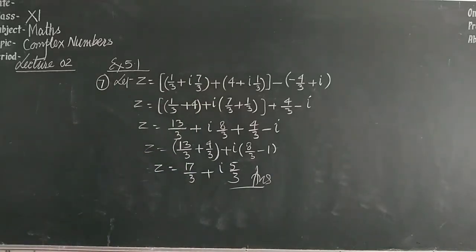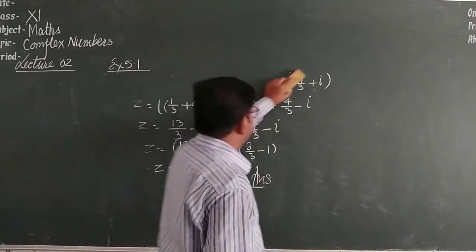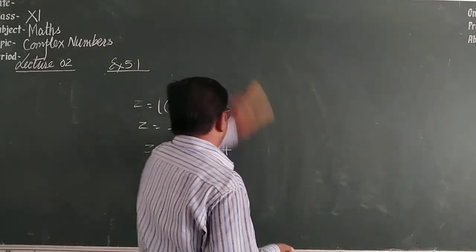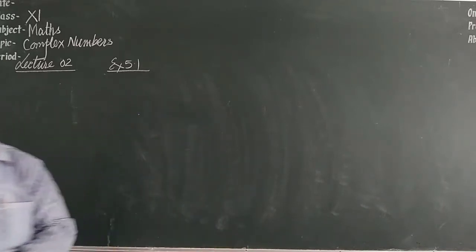So question number 7 I have done. Question number 8, 9, 10 you will try yourself. I am solving question number 8 and the others you can solve. Simply algebraic formulas are to be used in these questions.